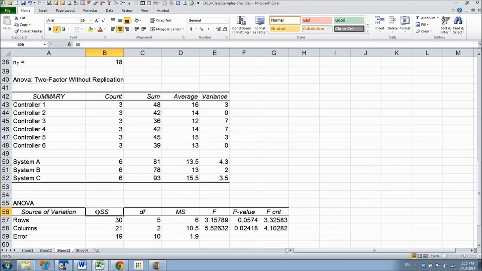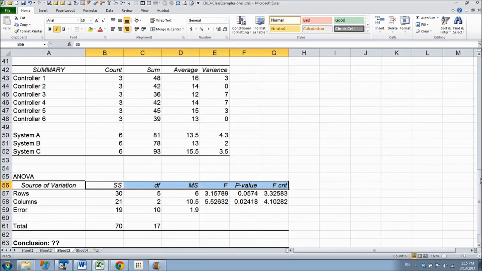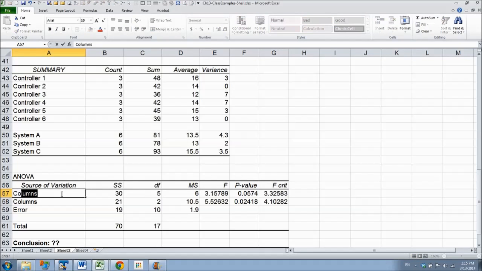And the second table contains the ANOVA information. So the first one is rows. Rows, here, is the controller. So we can go and type controllers, and that is block. And columns is your system.